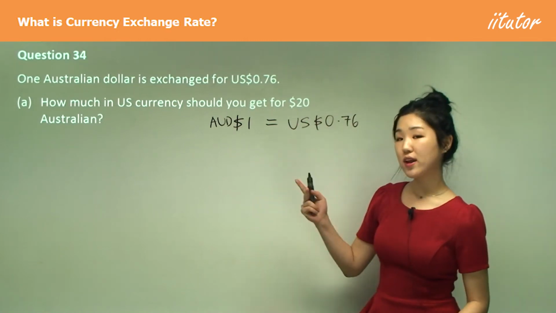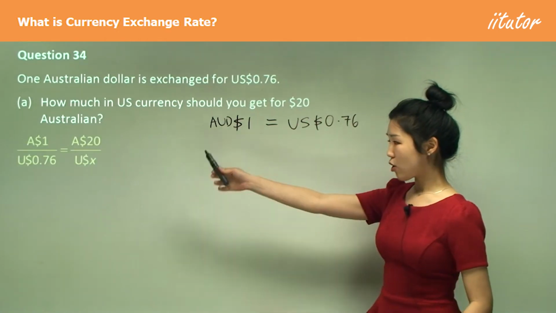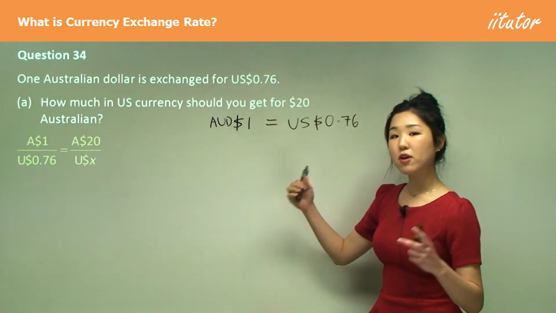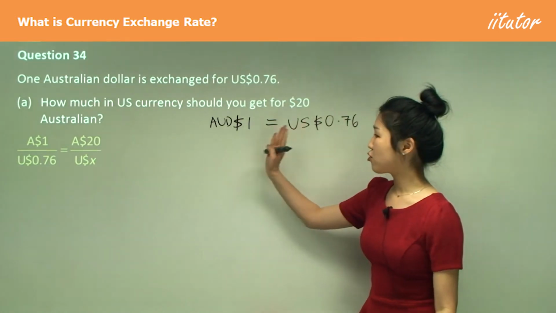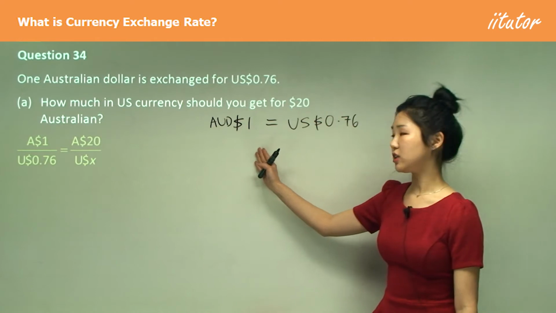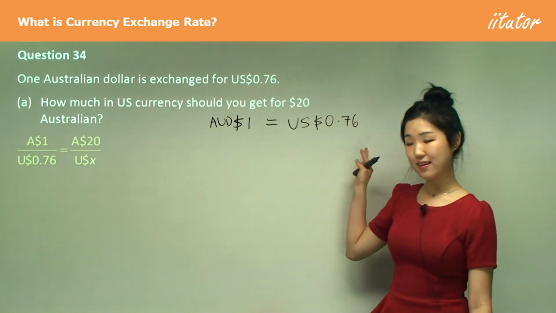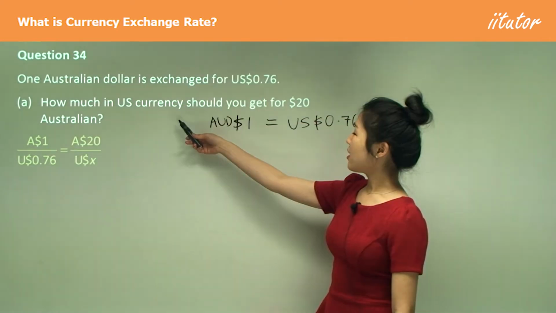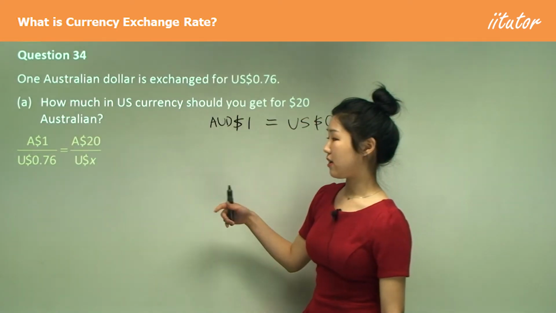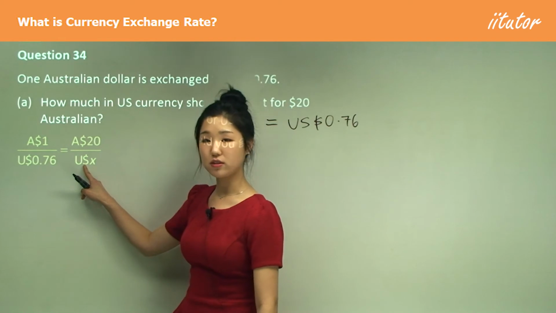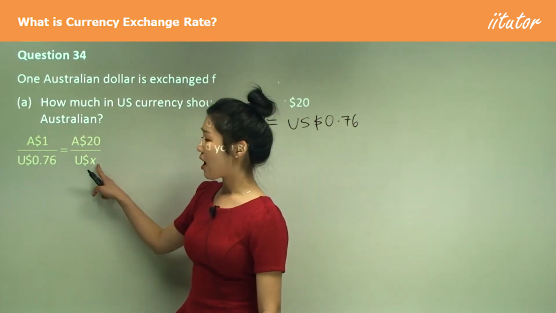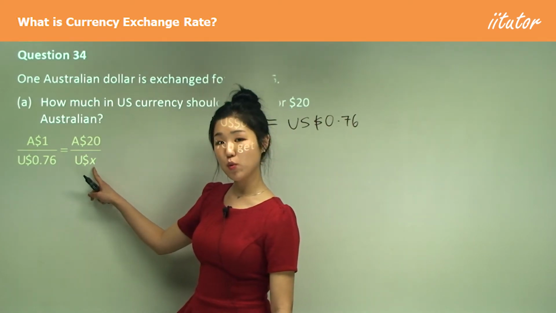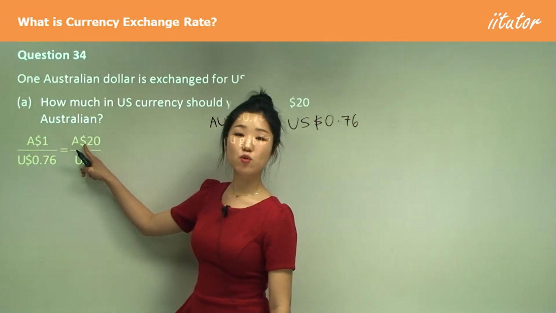If I want to get $20, we can write it like this. So Australian $1, I'm going to write it like a ratio, because Australian $1 is equivalent to US 76 cents. Australian to US. It says how much US currency, so I want to know how much US dollars, so I'll just call that X dollars. I want to know how much US dollars is equivalent to Australian $20.